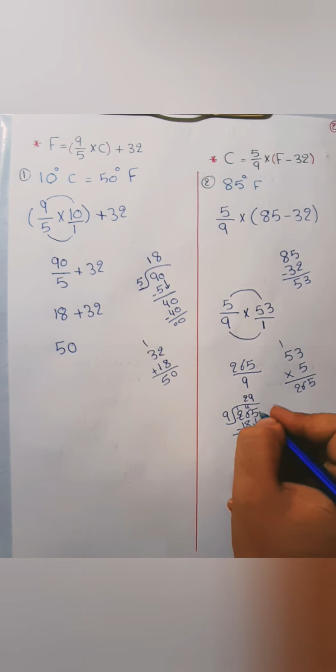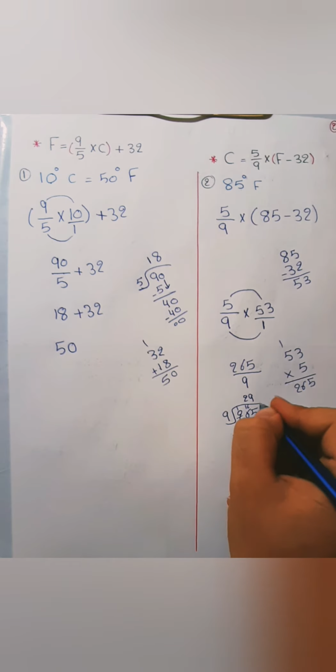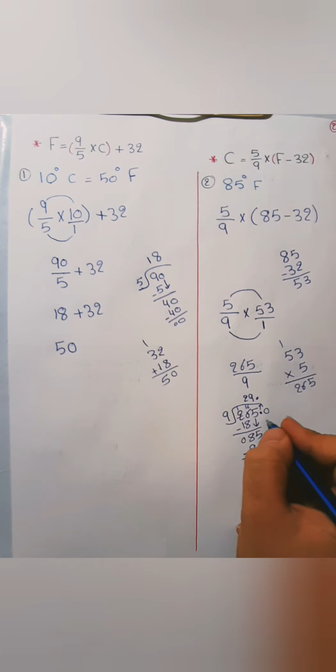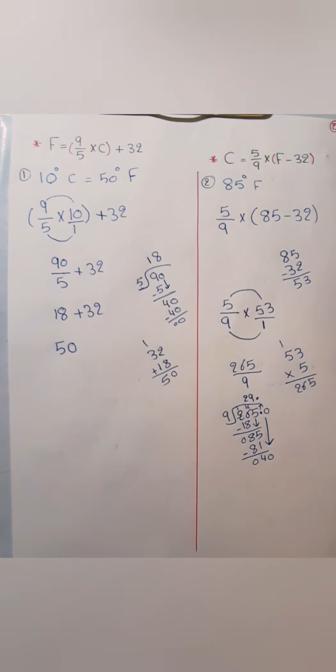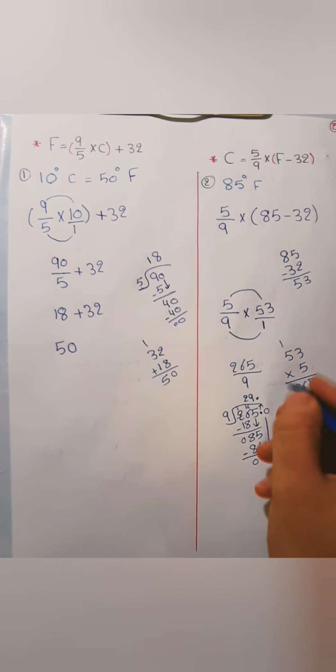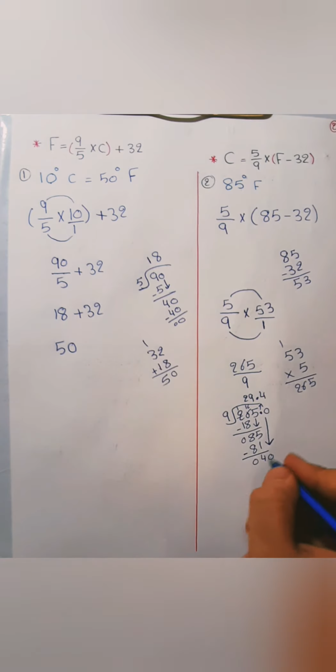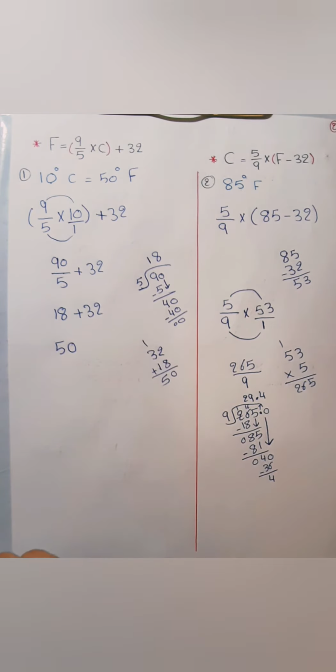And we have to write a decimal point and 0, and write a decimal point in the quotient and bring down 0. How many 9s are in 40? We have 4. 4 times 9 equal to 36, 4. So this division is not terminated.